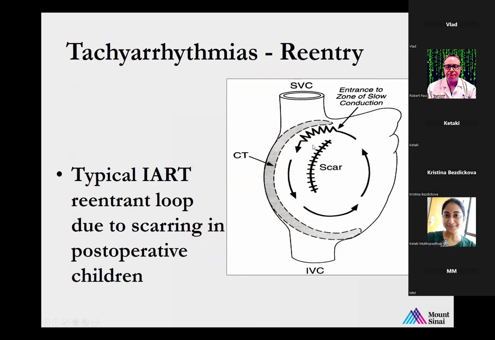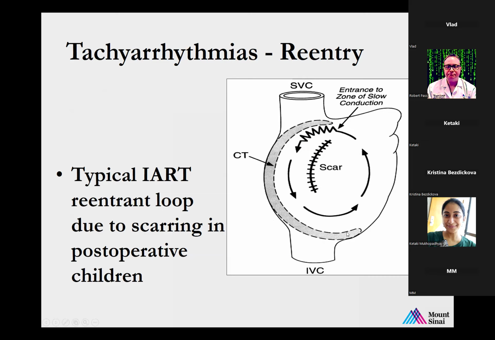But it doesn't have to be a scar. What one needs to have is areas of conduction block, and there are many anatomical areas of conduction block, such as the crista terminalis, the IVC, the mouth of the coronary sinus.